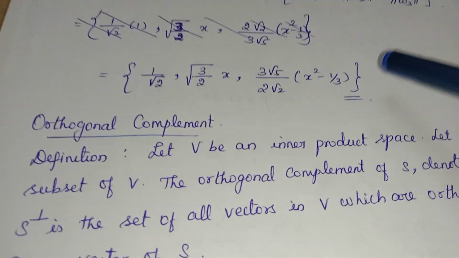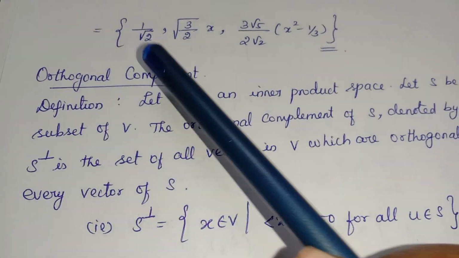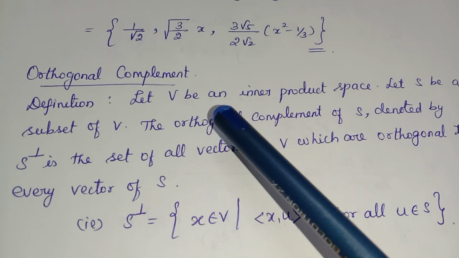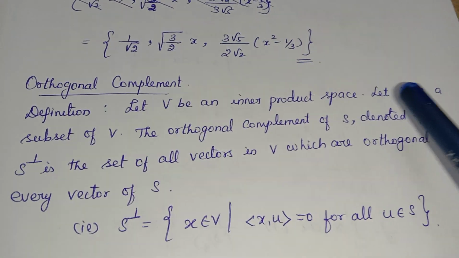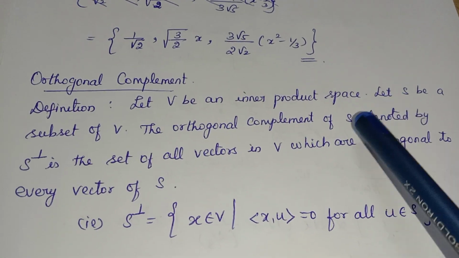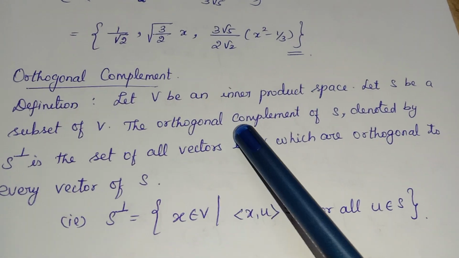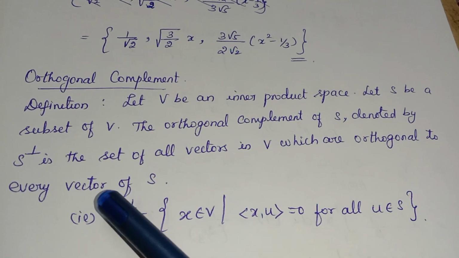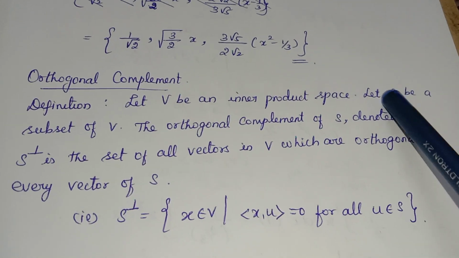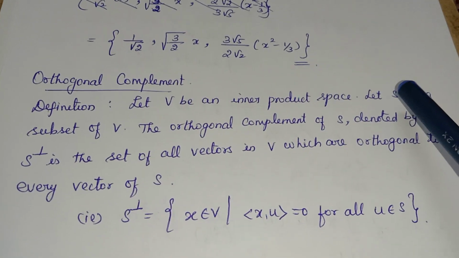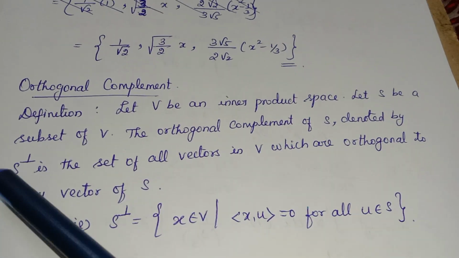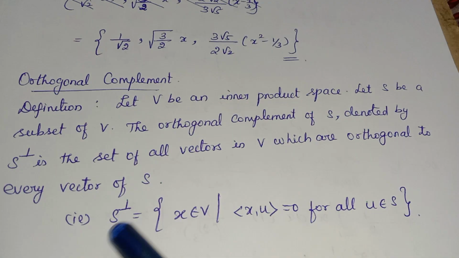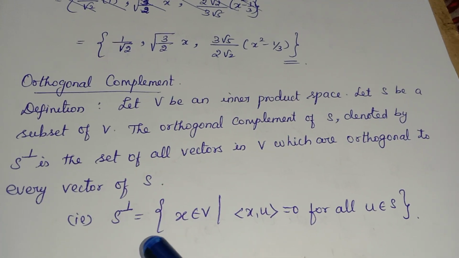Okay, next one more concept we will see in this video, that is orthogonal complement. What do you mean by orthogonal complement? See, you take an inner product space V and you take a subset S of V. Then the orthogonal complement is defined as the set of all vectors which are orthogonal to every vector of S. I have some collection S. If I have another collection such that every vector of S complement is orthogonal to S, then S complement is called the orthogonal complement.